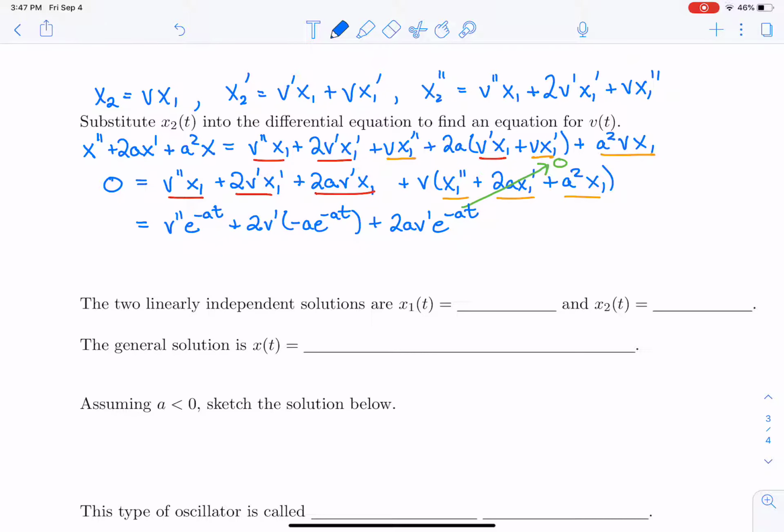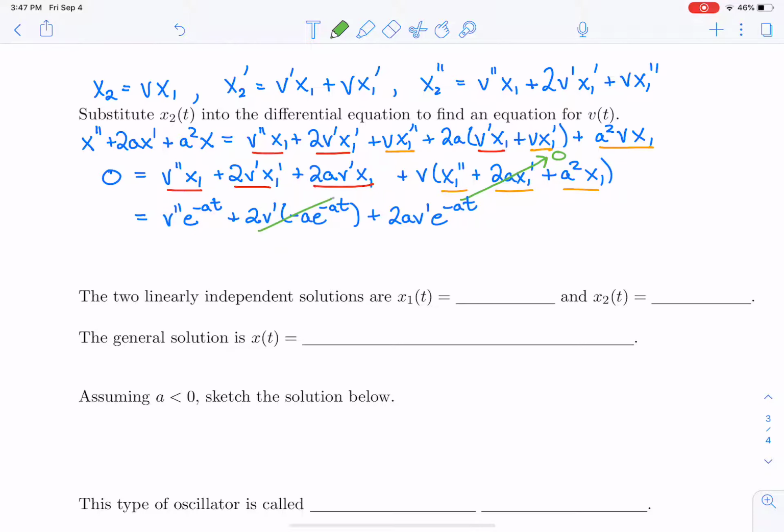Now, hopefully we'll notice that the 2v prime minus a e to the minus at cancels with the 2a v prime e to the minus at. So this and this cancel. I just don't want to write through that negative sign there.